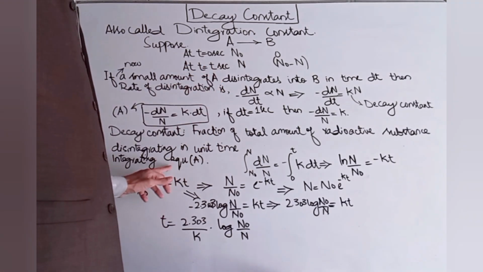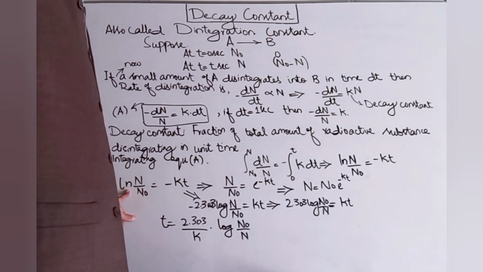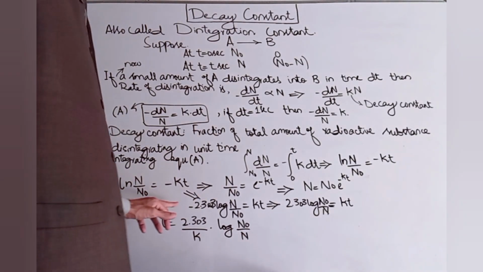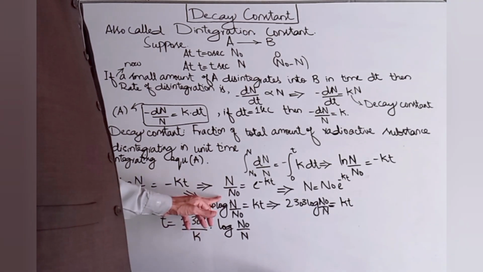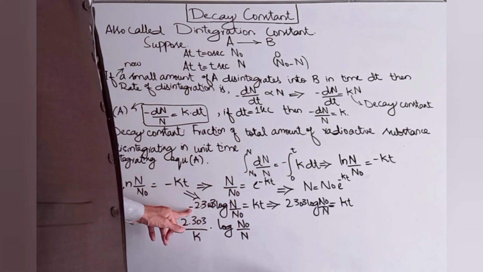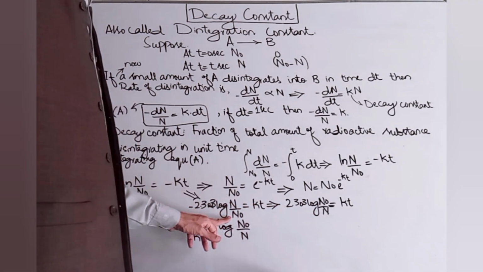We can also modify this equation in another form by replacing the natural log with the logarithm to base 10. So minus 2.303 log n over n naught is equal to kt. We can remove this negative sign by inverting this expression, n over n naught.